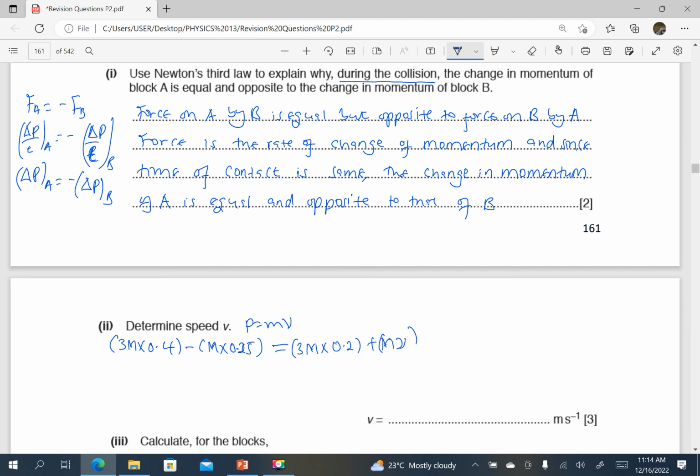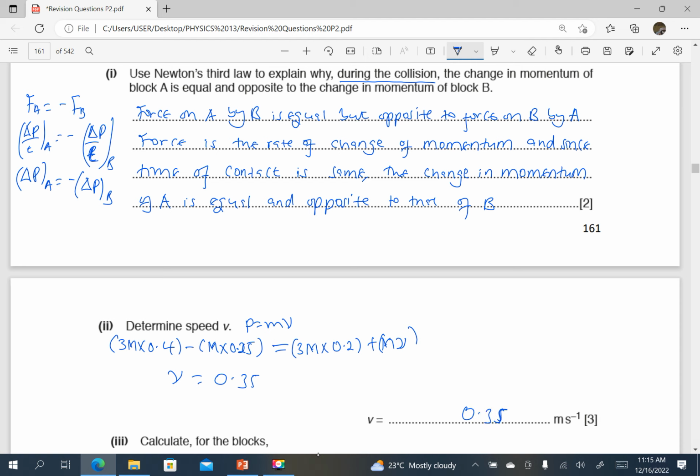So I have 3 times 0.4 minus 0.25 minus 0.6, which gives v as 0.35. So the answer here is 0.35. Remember, m has cancelled out because it is a common factor everywhere.